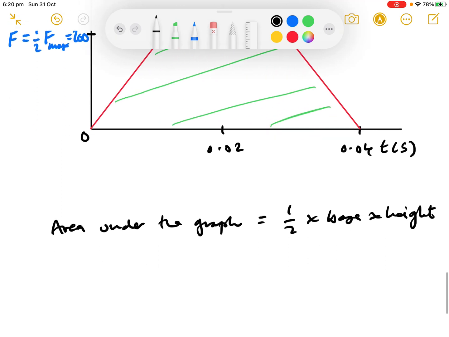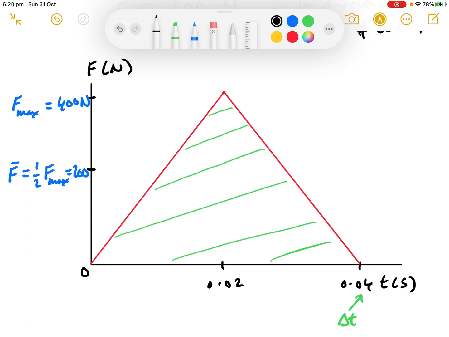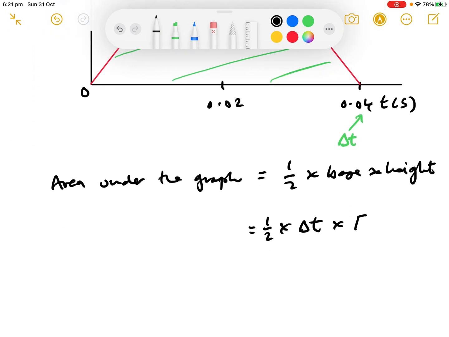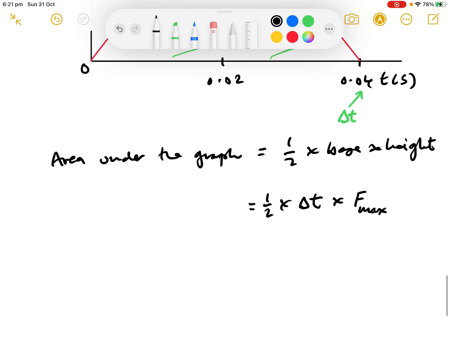Okay, let's work out what that actually is. Well, it's a half. Now the base is actually the delta t. It's the 0.04 seconds. There it is there. Okay, and the height, well, the total height of that triangle is F max, not F bar. Oh no, F max.